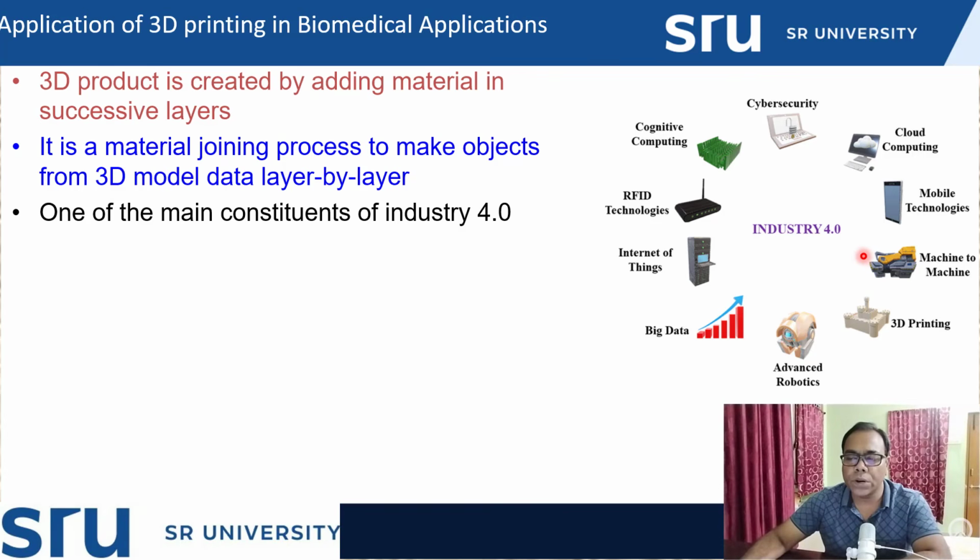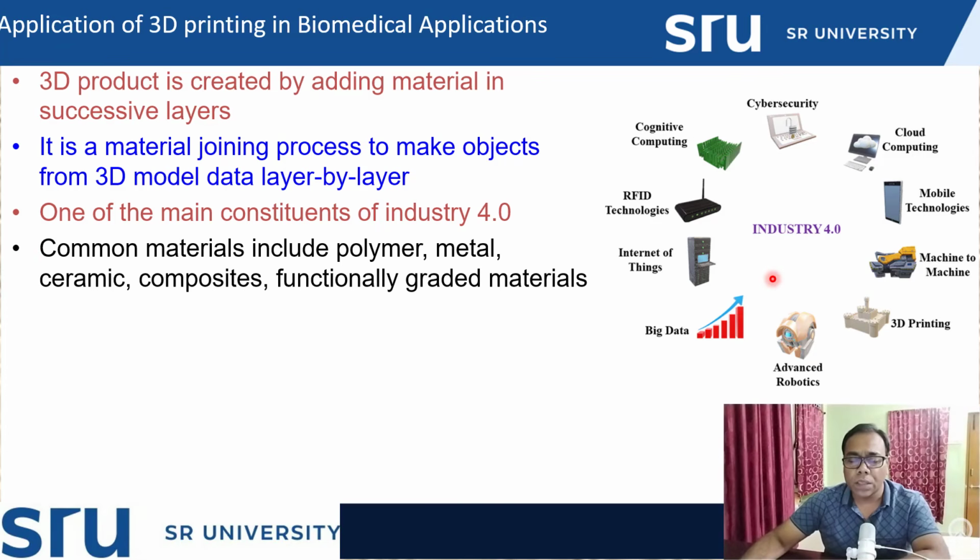Industry 4.0 is nothing but the combination of various technologies such as cyber security, cloud computing, mobile technologies, machine to machine communication, advanced robotics applications, and big data analytics, which is used for analysis of the data generated. Similarly, the internet of things will be there, meaning how each machine is connected with some technology. Those technologies are called the internet of things. Similarly RFID and cognitive computing will be there.